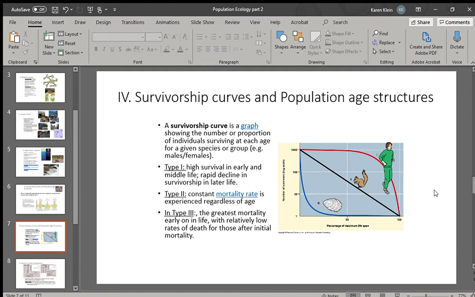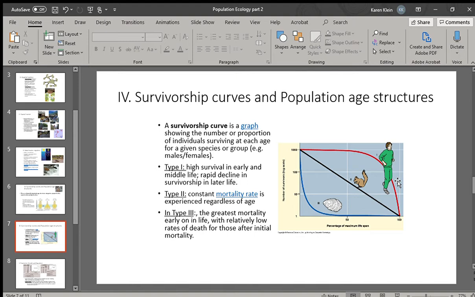Another aspect of population ecology is understanding what we refer to as survivorship curves, population age structures. Not some, but all populations have this characteristic survivorship mode, and they can easily be graphed out, these type 1, type 2, and type 3.